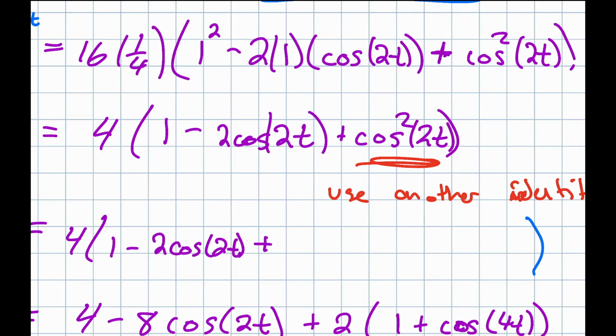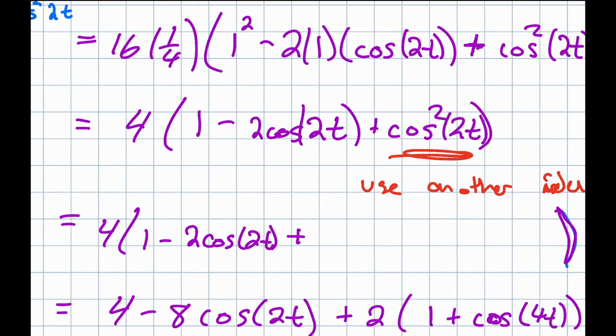This cosine squared is not allowed in our answer, so we have to use the identity again. So 4, bring it down, right? 4, 1 minus 2 cosine 2t, all that part's fine. And then you've got plus cosine squared 2t. So you use the identity here.